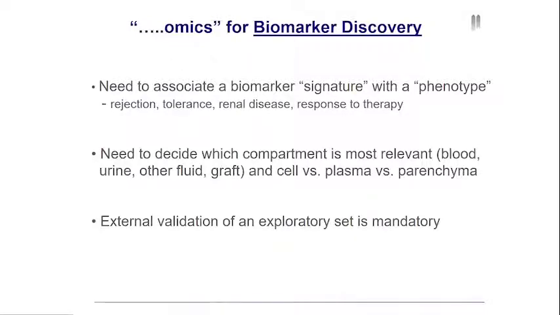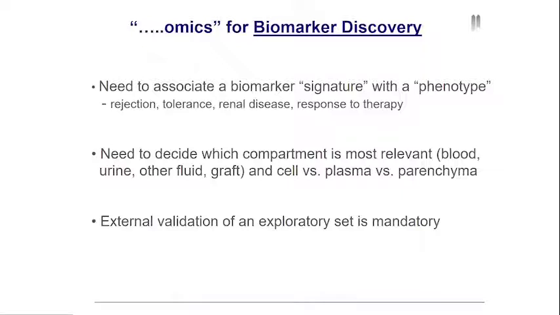So rejection versus non-rejection, tolerance versus non-tolerant, kidney disease versus no kidney disease, response to therapy. So any biomarker signature really needs to be tied to a clinical phenotype to have any relevance.